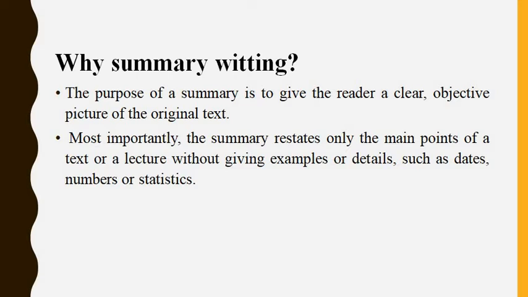Whatever has been written in the text, what is the basic purpose of that text and what are the details of that text. Most importantly, the summary restates only the main points of a text or a lecture without giving examples or details such as dates, numbers, and statistics.